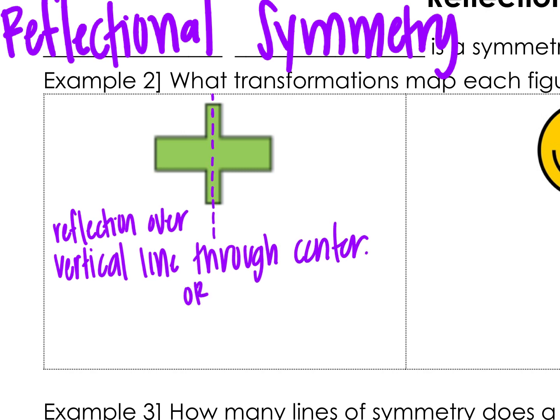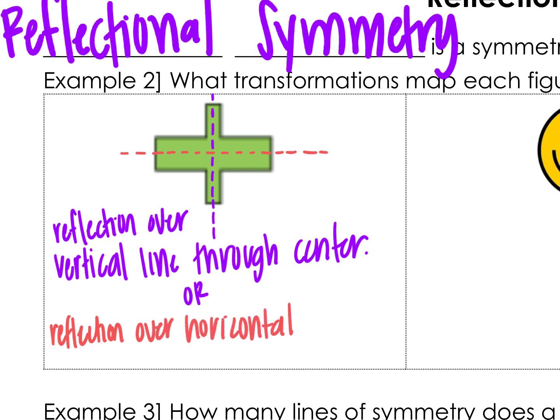Or try to find the other line that this could be folded on. We also come up with this horizontal line through the center. So that one has 2 lines of reflection.